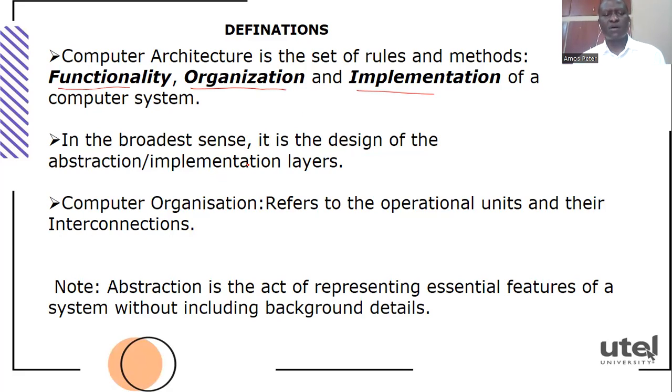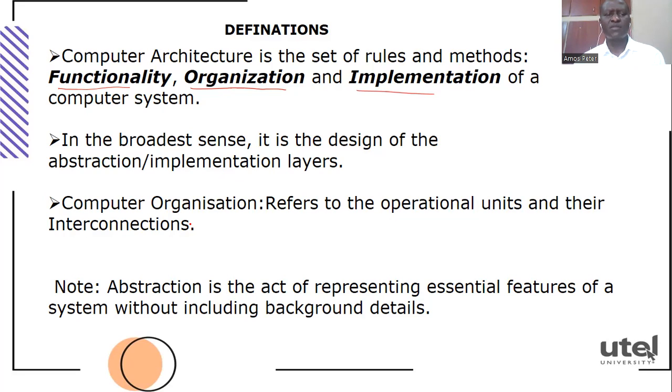Now, an alternative definition of computer architecture is that you can picture it as a specification which details how a set of software and hardware technologies interacts in order to form a computer system.